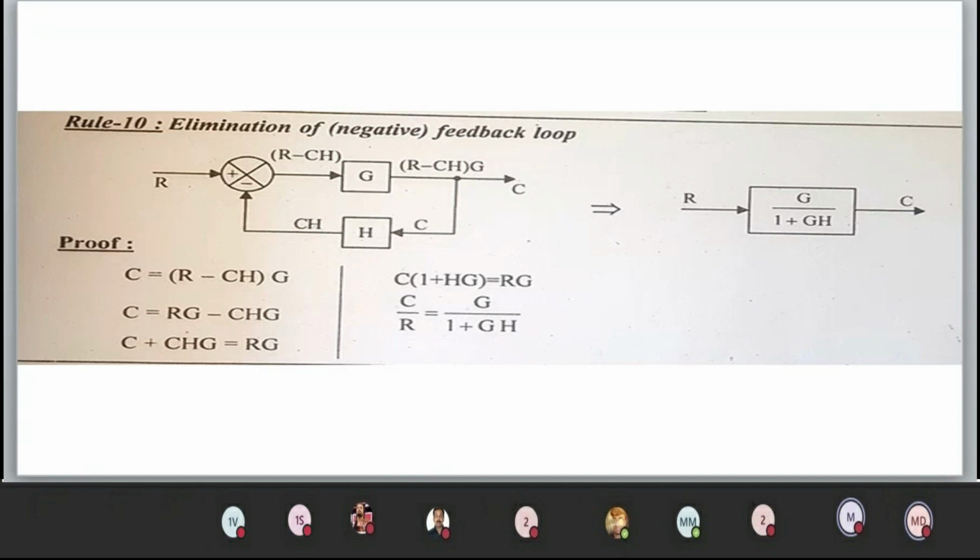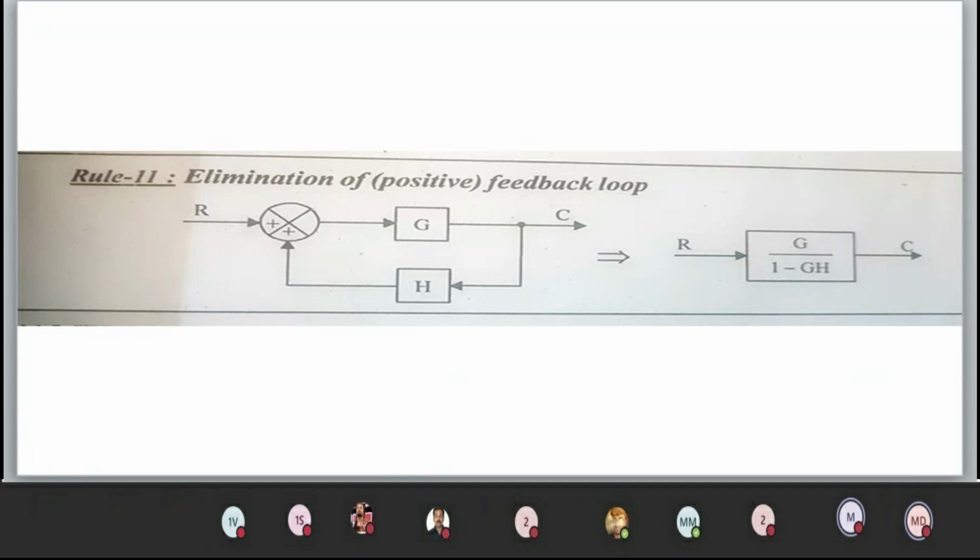And kindly understand one thing. You notice that the feedback path or the feedback loop consists of a block with the gain H, right? So G divided by 1 plus GH for negative feedback. Now let us see what is the rule for positive. The same rule, but the only difference is G divided by 1 minus G of H. Right?